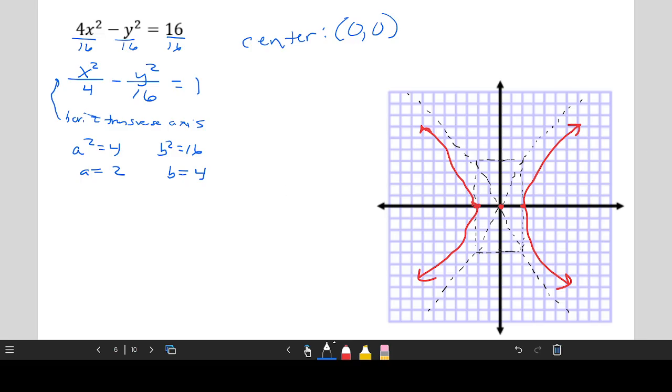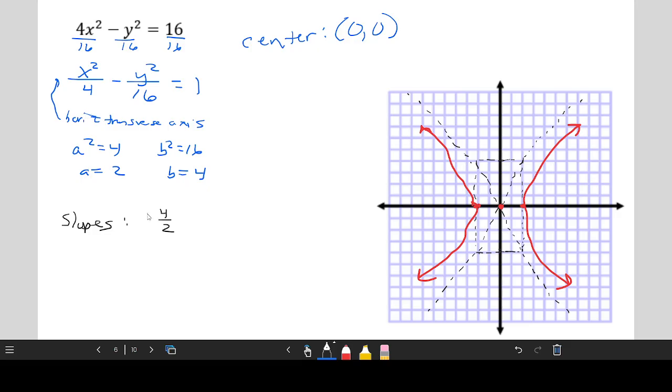So we know that the slope of this one, the one that has a positive slope, to get from the center to that corner of the rectangle, we would go up 4 and over 2. So the slope for that line is 4 over 2. And for the other one, to get from, say, this corner to the center, we would go down 4 and over 2.